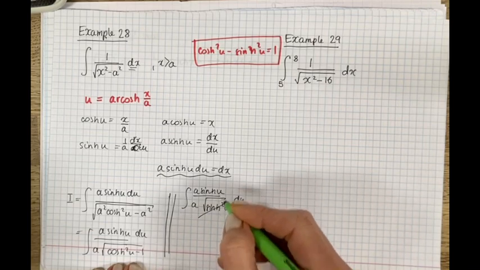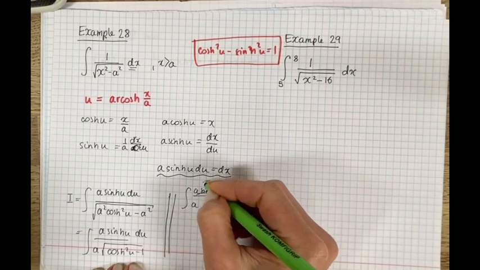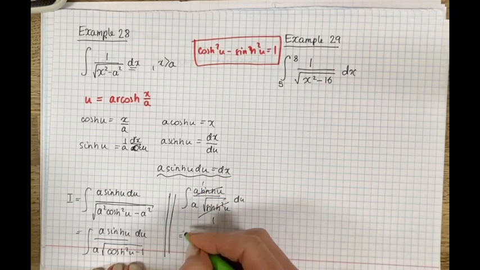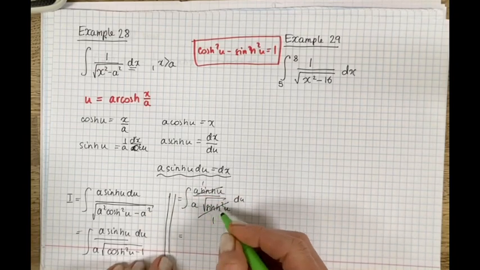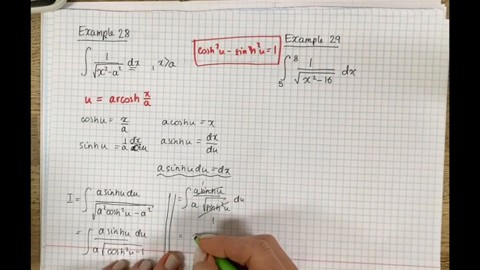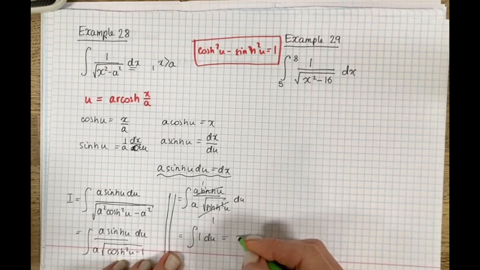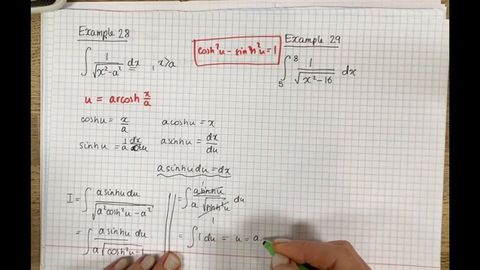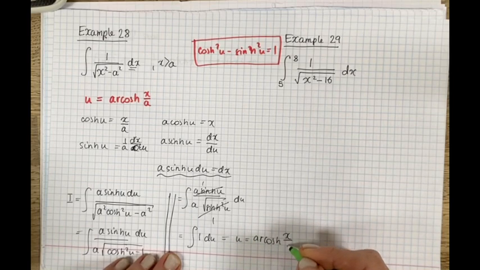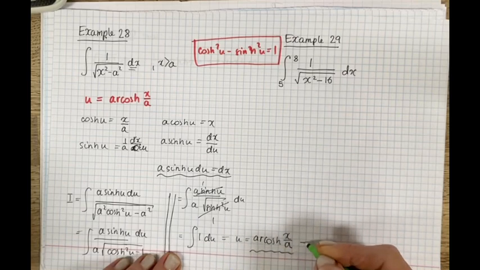You trust me, this is going to be 1 over 1. I think it's obvious, you don't need to write it out unless you want to write another line with that square rooted. So you are going to integrate 1, which gives you u, which gives you arcosh x over a, plus c.